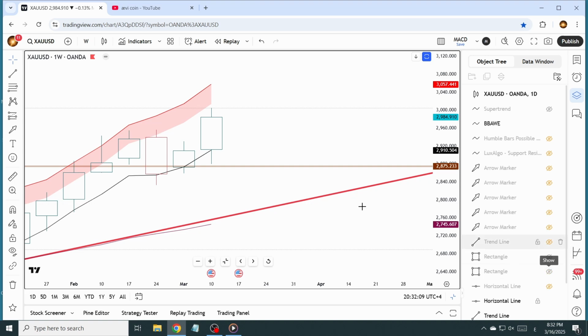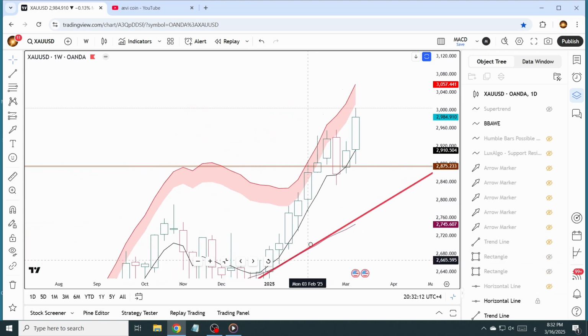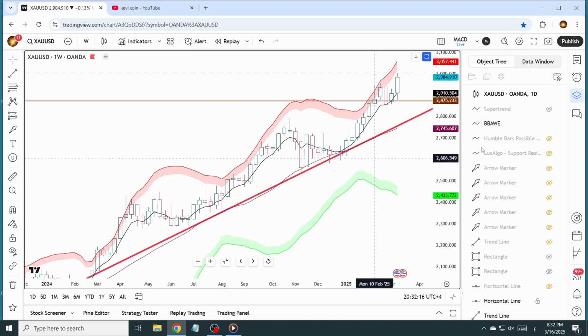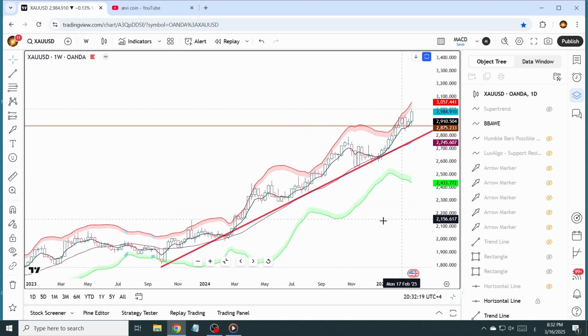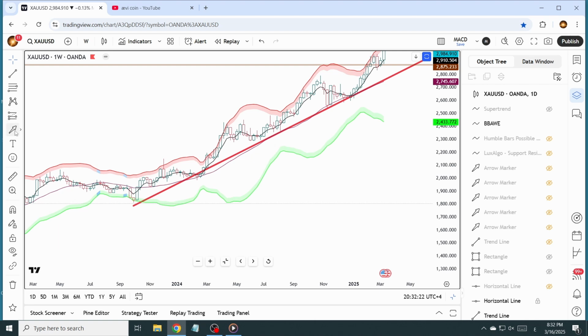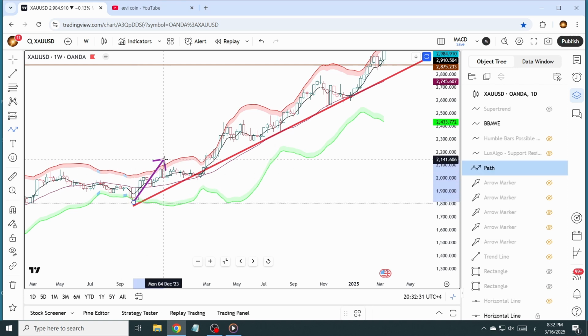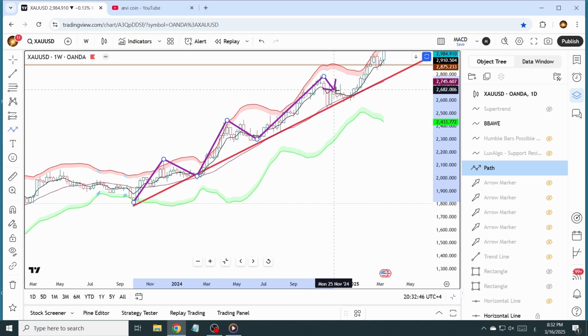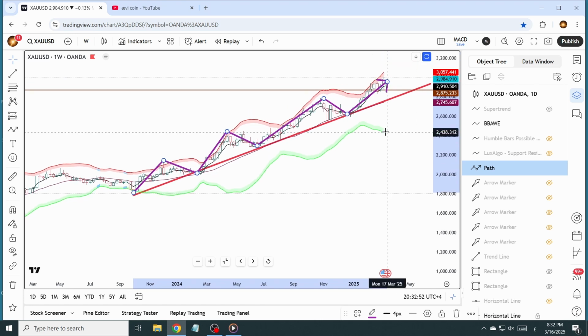Apart from that, if we look at this trend line, gold took the support from 1800, then made a higher high, came down, took support, higher high, came down, took support, higher high, and we have another move at the moment here.